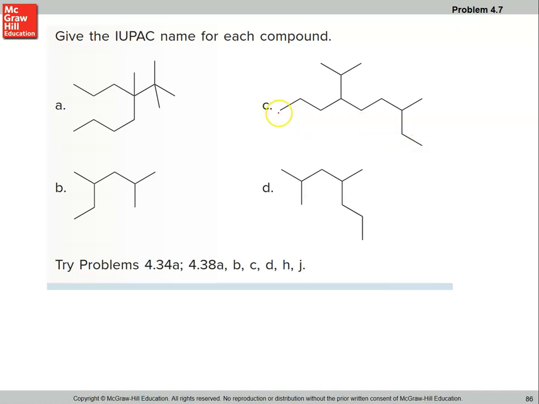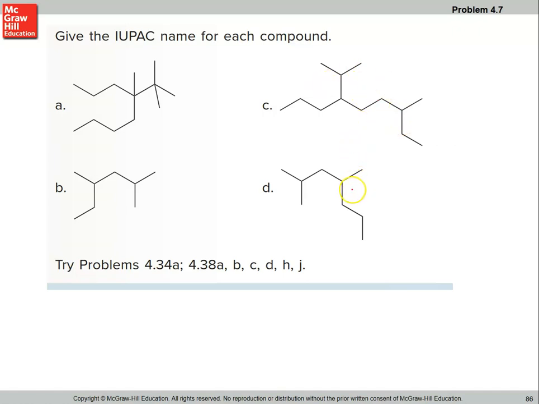That's going to be nonane. It's 9 carbons from here to here, starting with 1, 2, 3. Again, that gives us the lowest numbers on all of our substituent groups. We have a 3-methyl and a 6-isopropyl group. So 6-isopropyl, 3-methyl nonane is going to be how that would be named and numbered.